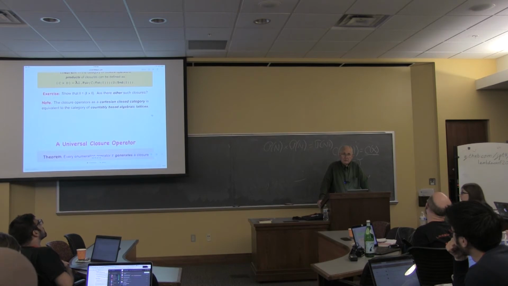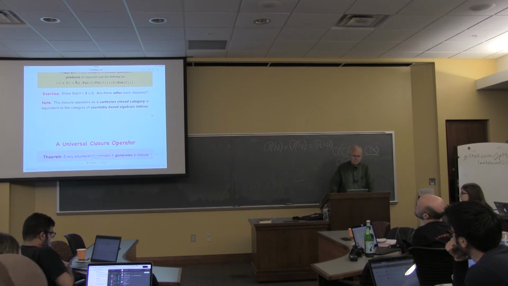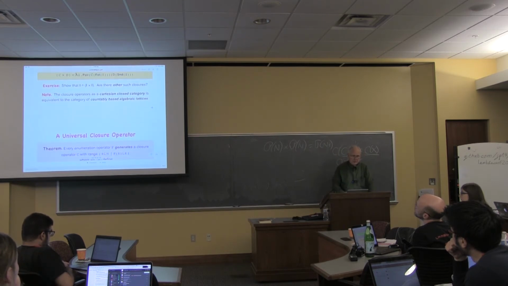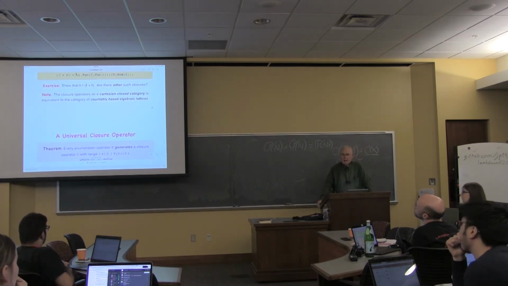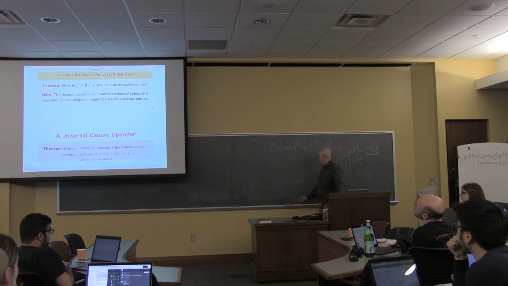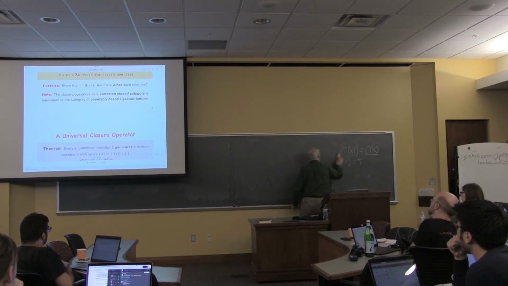So it's again an easy proof using lambda calculus and these definitions that the things are there. And we don't have time to work out all the formulas there, but what we have with the closure operators there is a category.